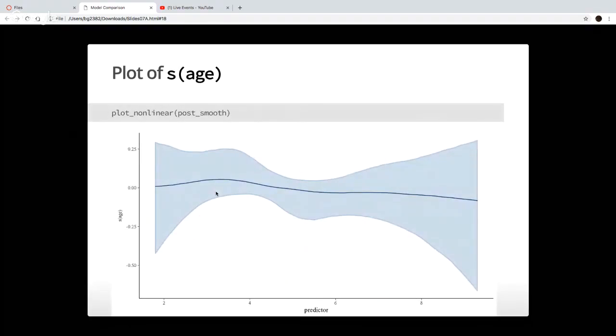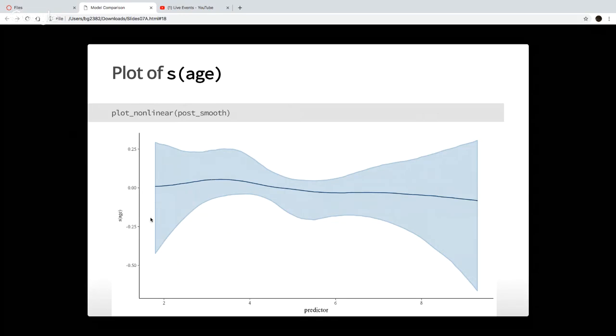And that's true even though there doesn't seem to have been a large effect of age on the probability of voting for Bush in that particular election, which we can plot with the plot_nonlinear function. It spits out a ggplot of the estimated smooth but nonlinear function, which actually turned out to be pretty close to linear.